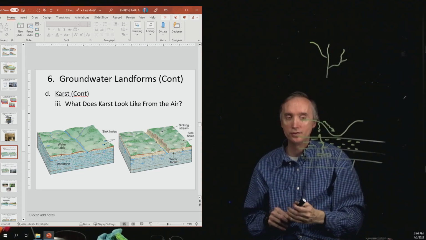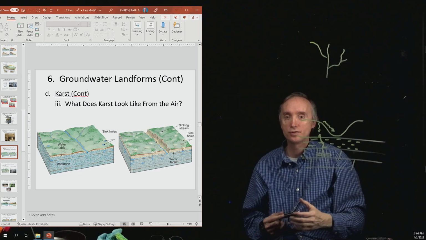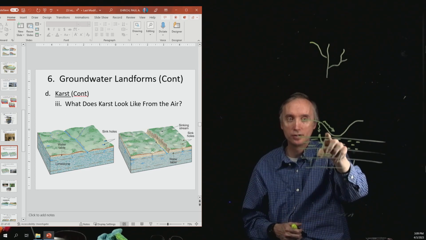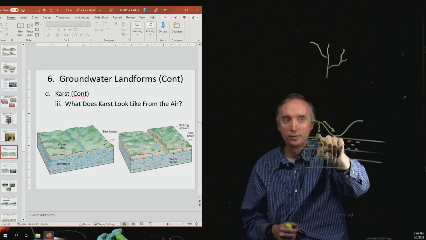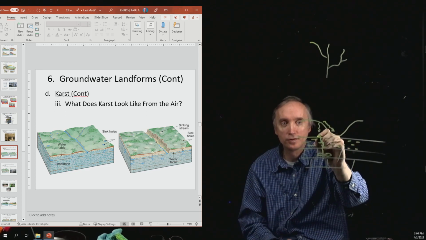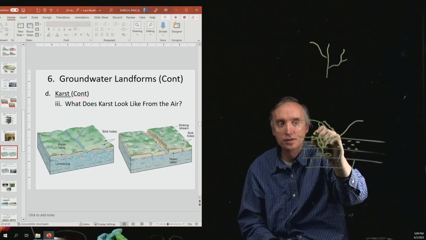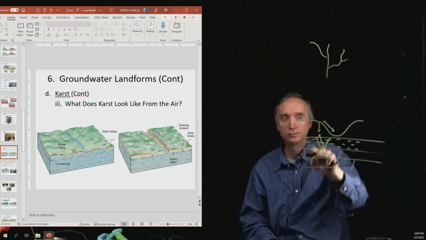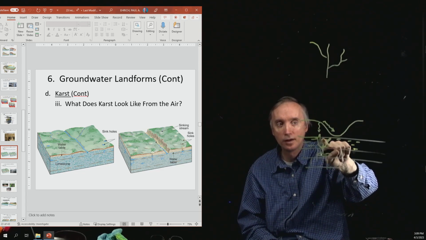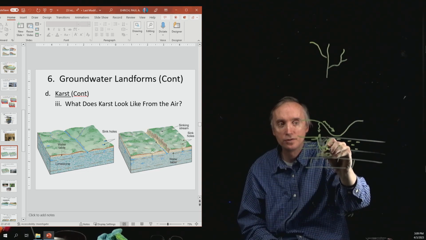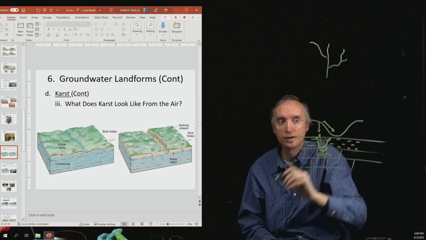So what this is going to do is start to develop sinkholes. Sinkholes are going to be where, down here, this material is going to start to be eroded away. Okay, and then it's going to start to erode into the limestone like this.